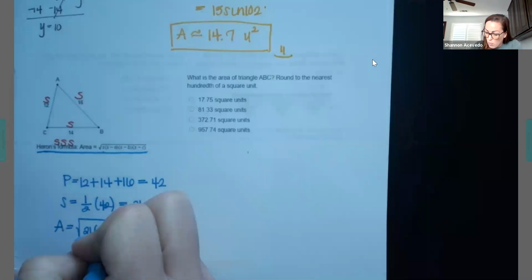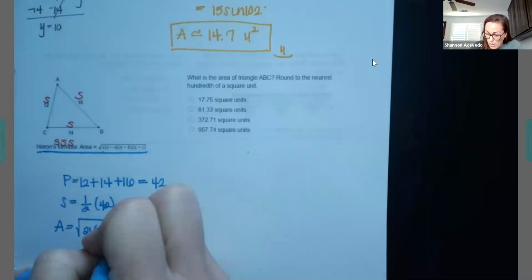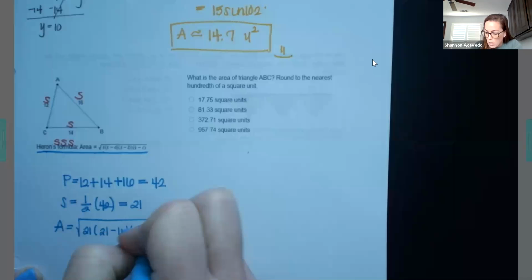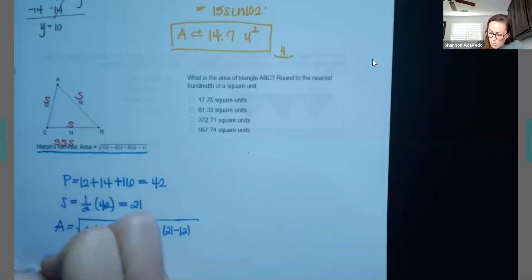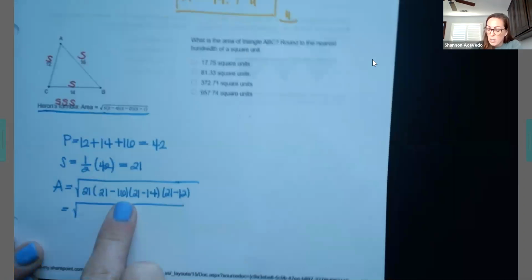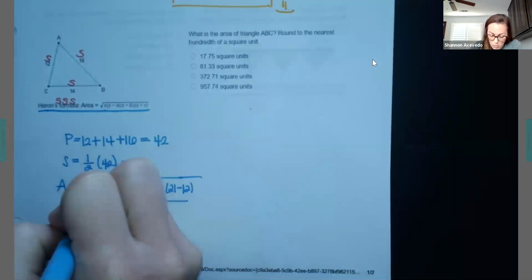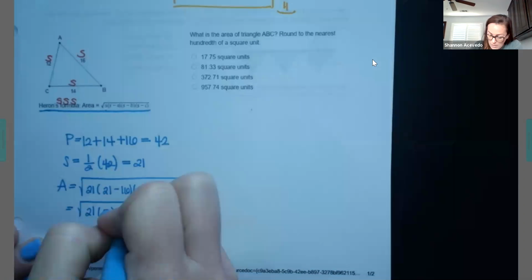So it's going to be 21 minus 16, 21 minus 14, 21 minus 12 is going to equal, and I usually clean this piece up before I put it in my calculator. So I would do the square root of 21 times 5 times 7 times 9.